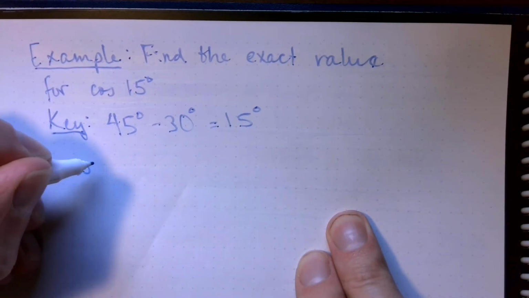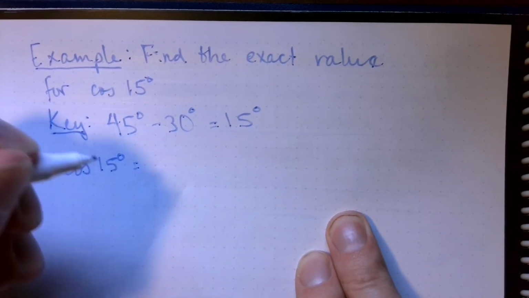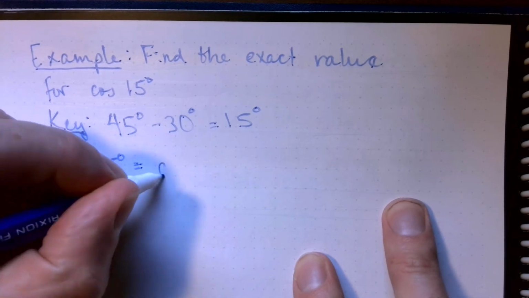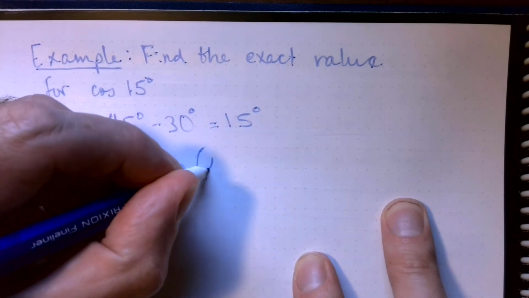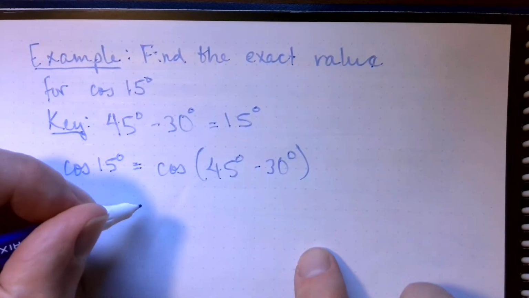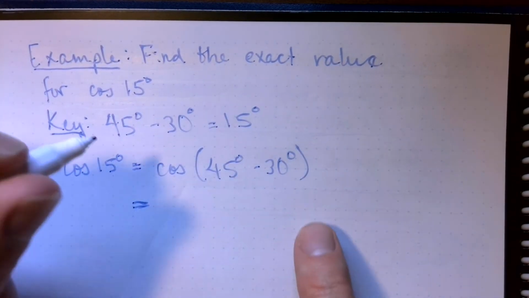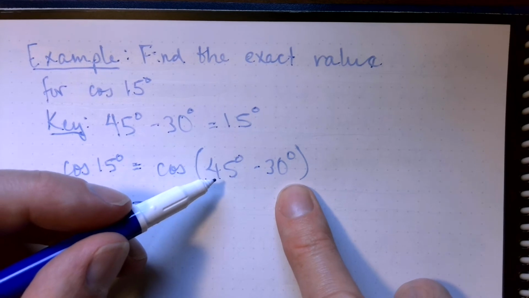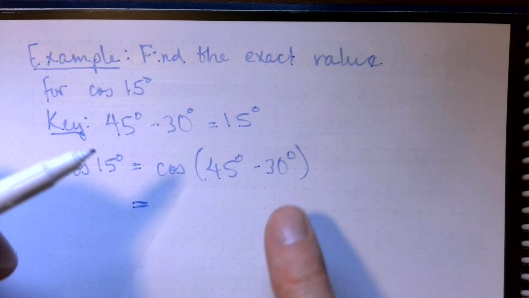So cosine 15 degrees, we should think of this as finding the cosine of 45 degrees minus 30 degrees. And the important thing is that we know the value of the trig functions for these angles, 45 and 30.